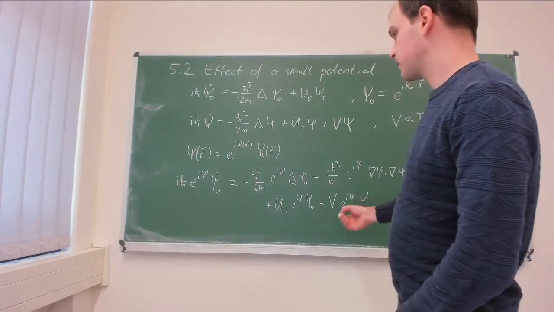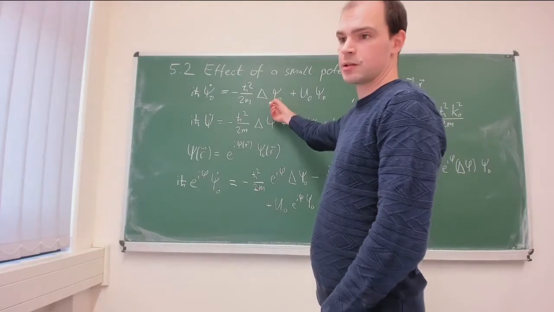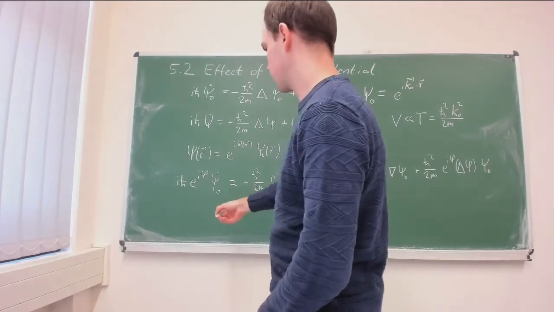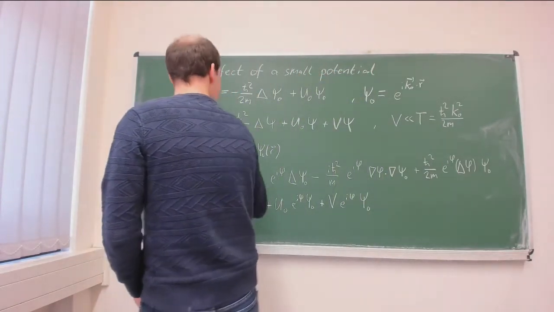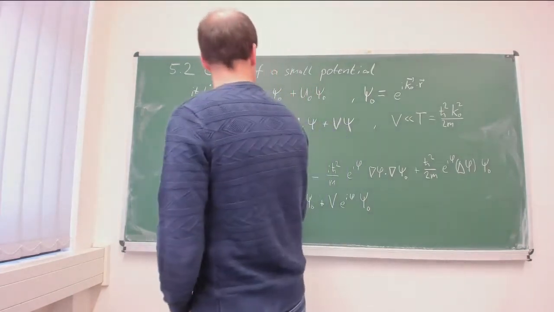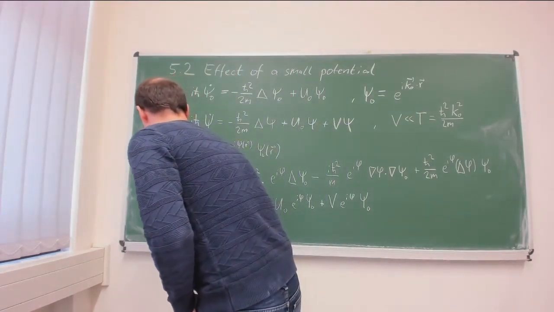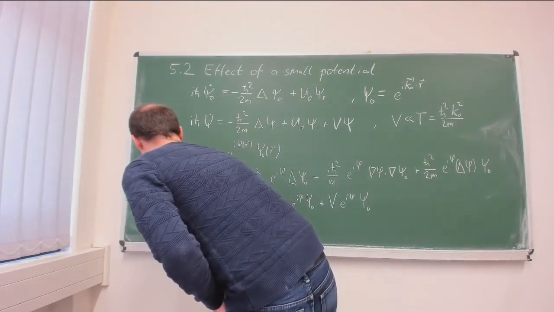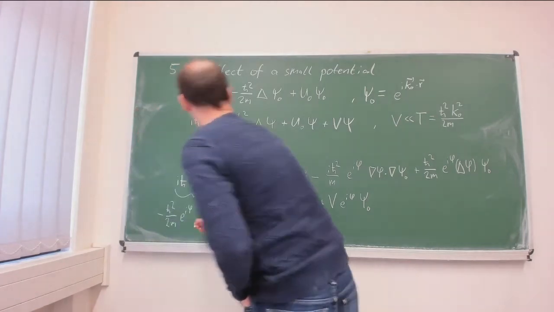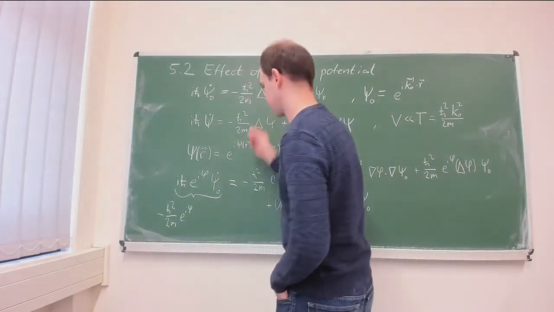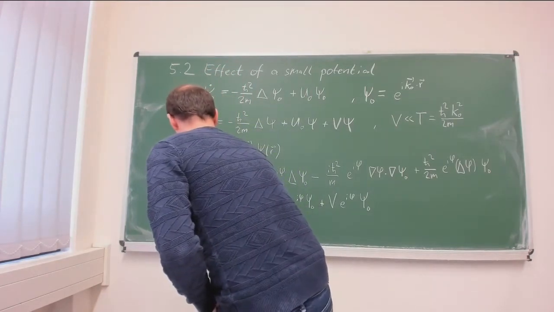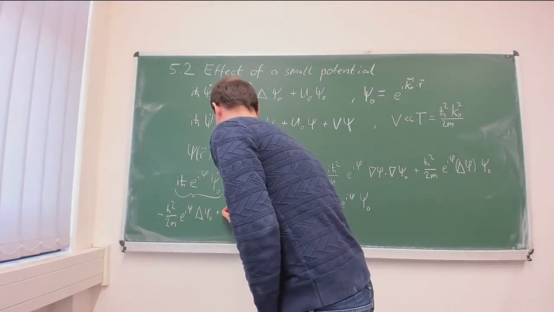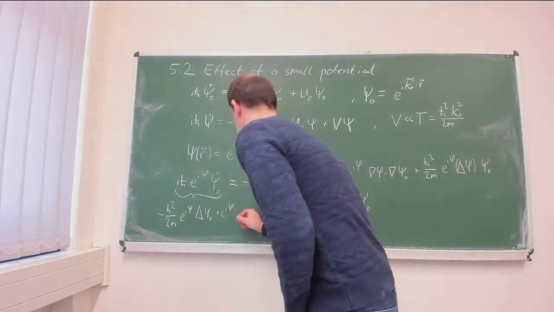So if we have this, we can just insert the free solution here for our ψ0 dot. So for this, we just find that this is minus ħ² divided by 2m e^(iφ) Laplace ψ0 plus e^(iφ) U0 ψ0.